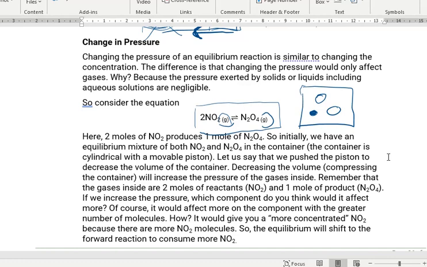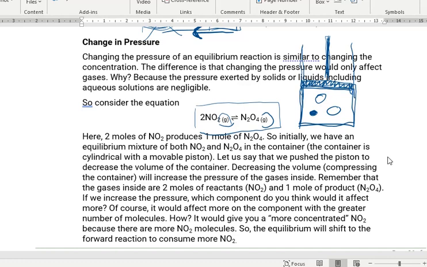And then, there is a piston pushing here. Okay, so for example, a piston pushing here. This is the piston. So, this is the cylindrical container, okay? So, this is still part of the container. And this is the piston, okay? So, this piston pushes and pulls the area, the volume occupied by the NO2 or N2O4 at equilibrium, okay?